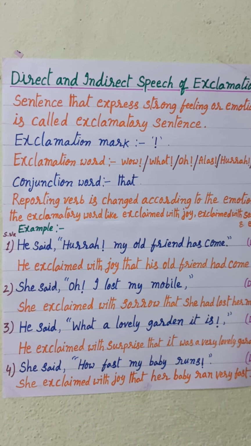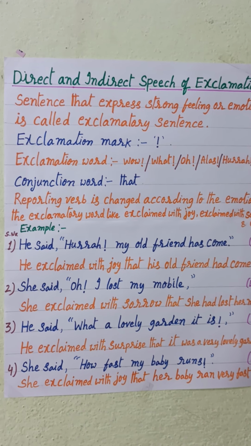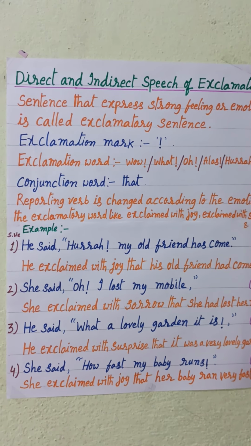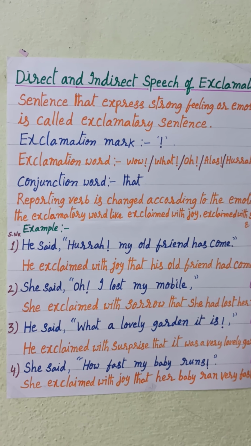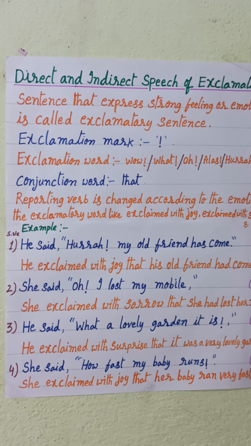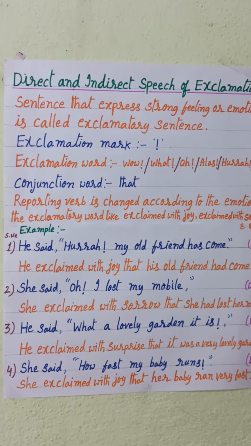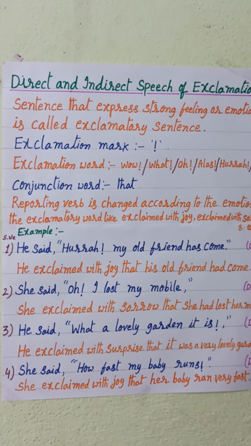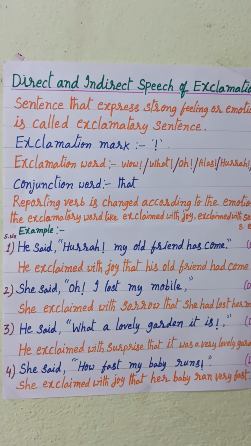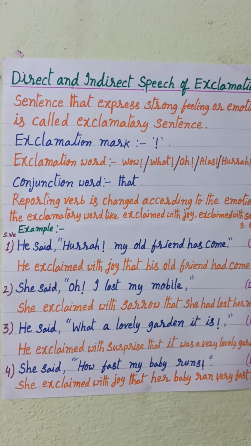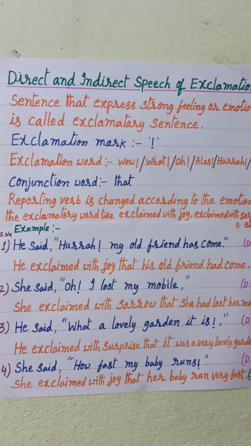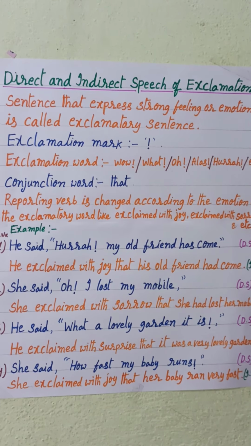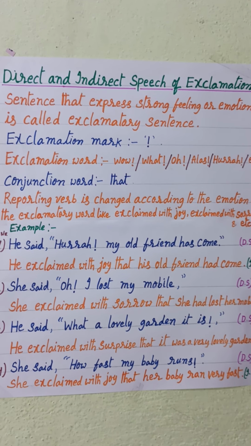In the direct speech, my old friend has come is in the present perfect, so it changes in the indirect speech to past perfect tense.